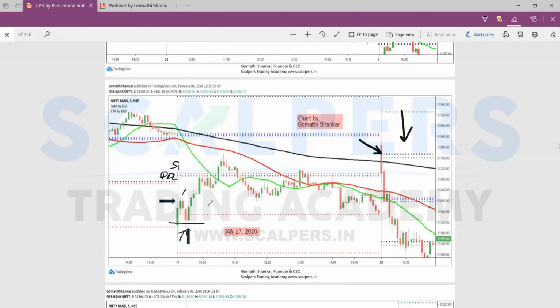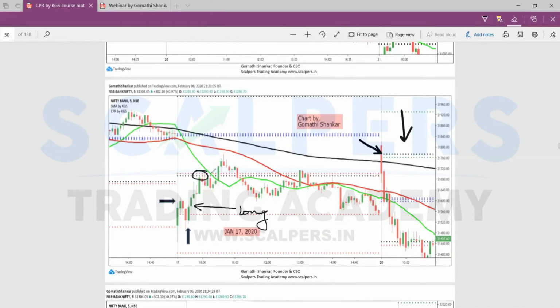But what I did, once again the market recovered and it started going up. Again I entered in this green candle. And once again, as I expected, I booked my profit here.